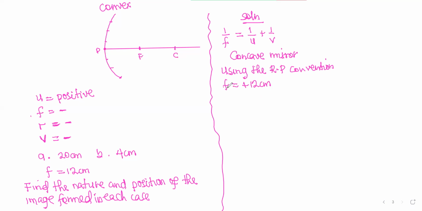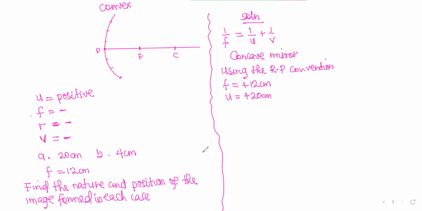Object distance U will be positive because real objects. So this will also be plus 20 centimeter. You can decide not to write it. If you don't write it, it means it's okay.